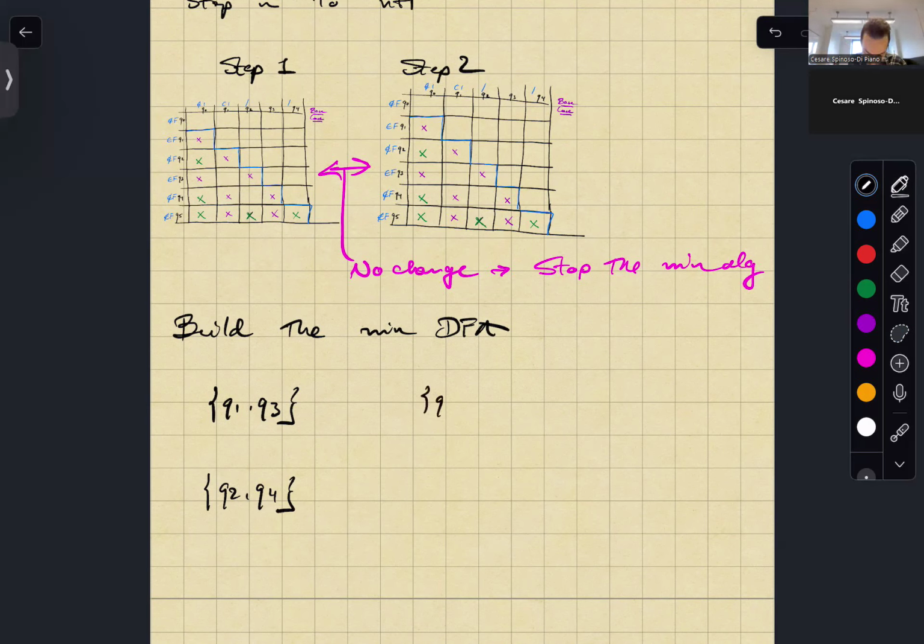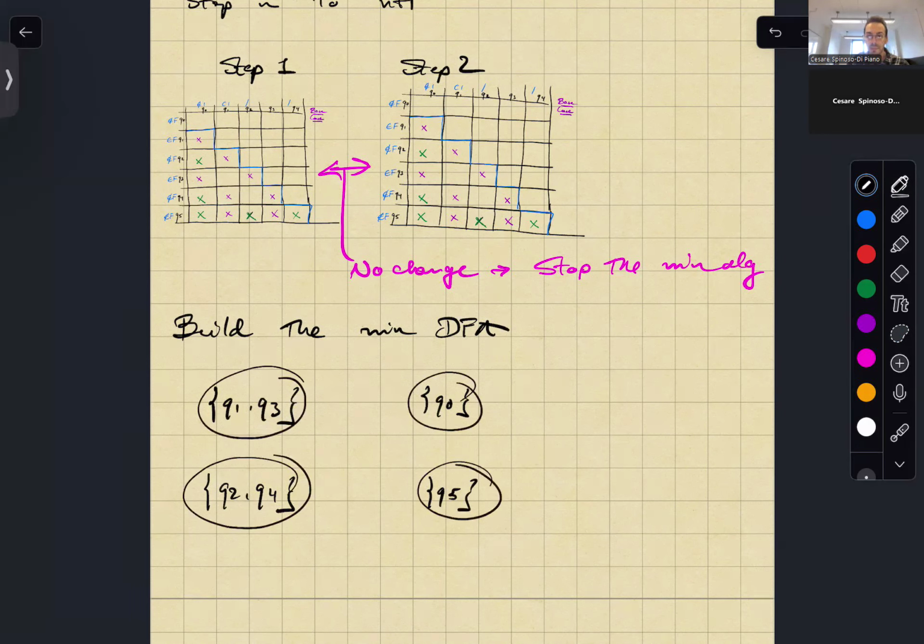So that's going to be Q0 and Q5. Now these are my states.